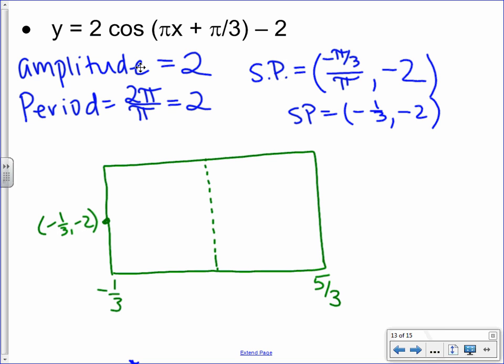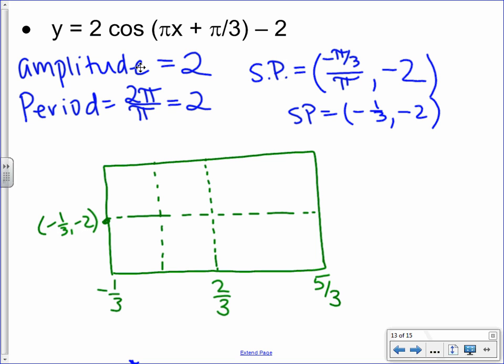Then we're going to split our frame in half and then in half again. If I take negative 1/3 and add it to 5/3 and then cut it in half, our halfway point is 2/3. And then we're going to cut this in half.